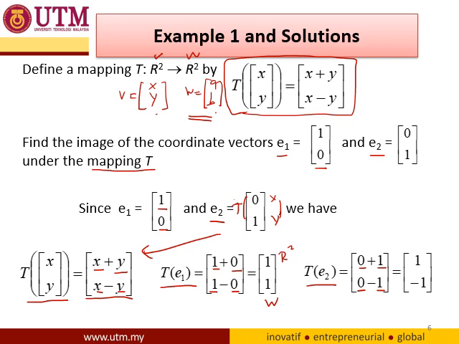So you will get the image for E2, still in R2. Based on the questions, some other questions will give you other transformations that you need to map, but for this question, this is the mapping.